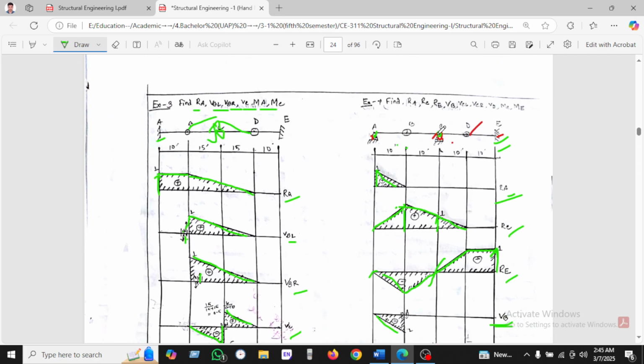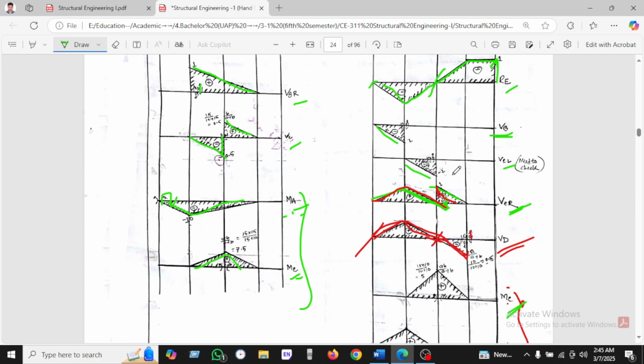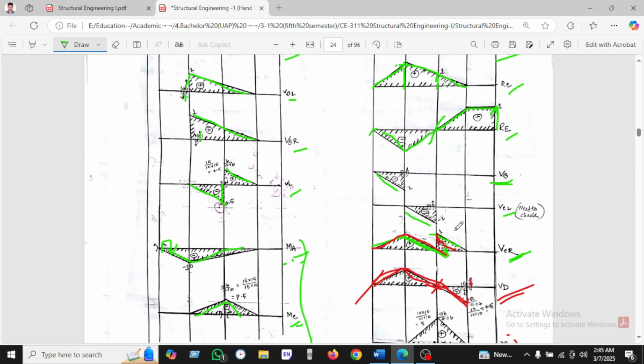How do we calculate MC? As we have seen, there is a hinge at the support, that's why the support will not go upward, as it is staying at the support. Rather, it will focus at this point and this point. So that's why we have been seeing MC.